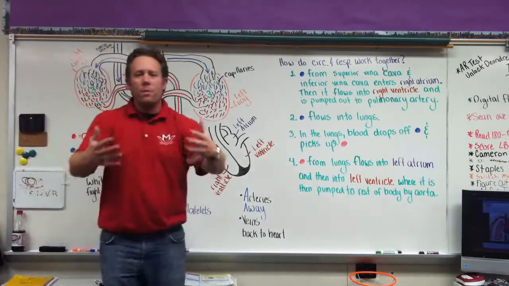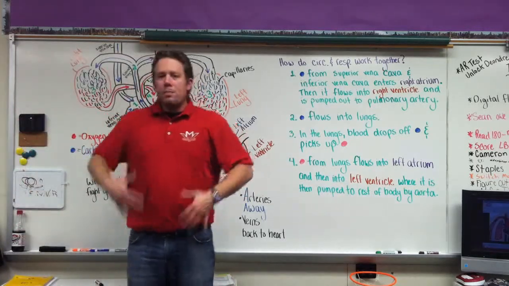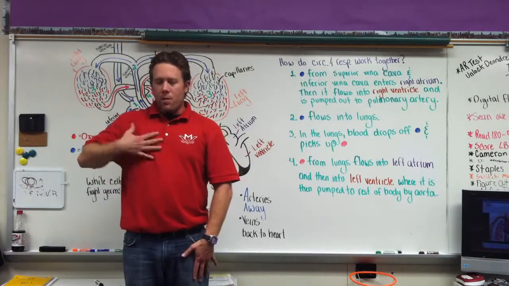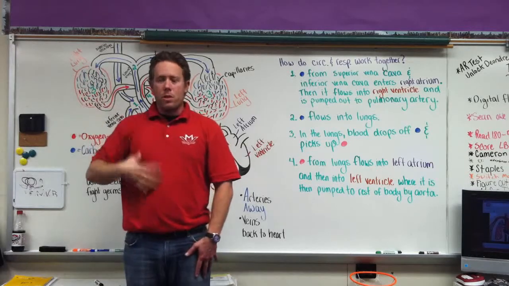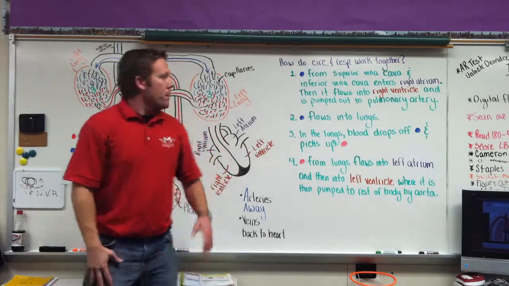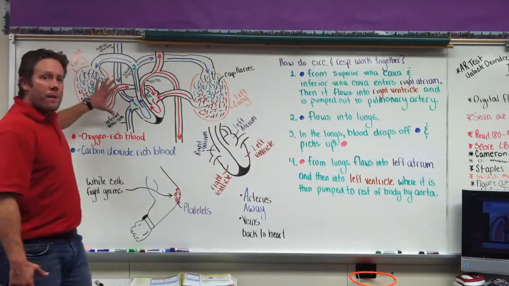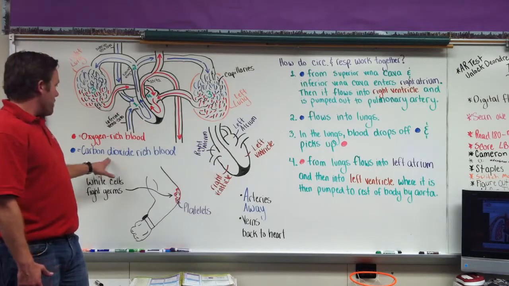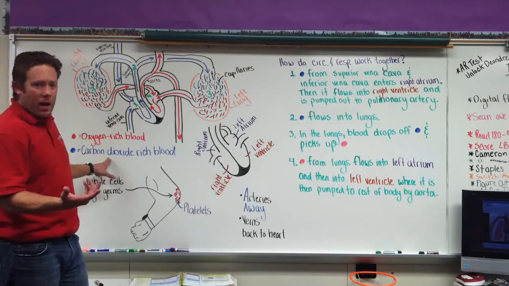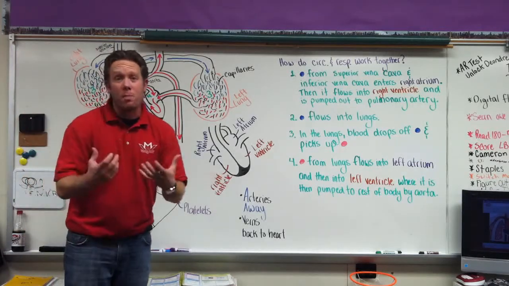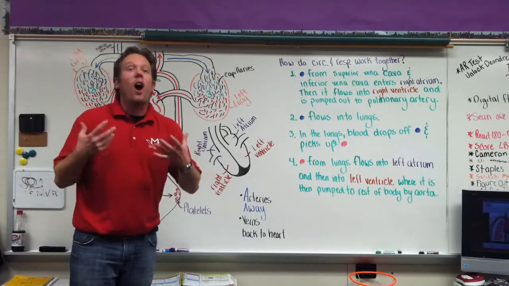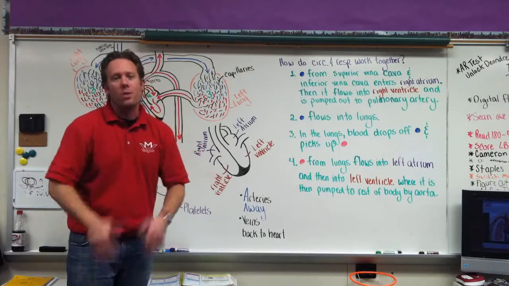If you look at it here, this is basically like you're facing somebody, so this is going to be the right side of a person, just like it would be if you were facing me. So oxygen poor blood, that's the blue stuff. Oxygen poor blood or carbon dioxide rich blood. If it's carbon dioxide rich blood, that means it's oxygen poor blood because there's no oxygen in it.